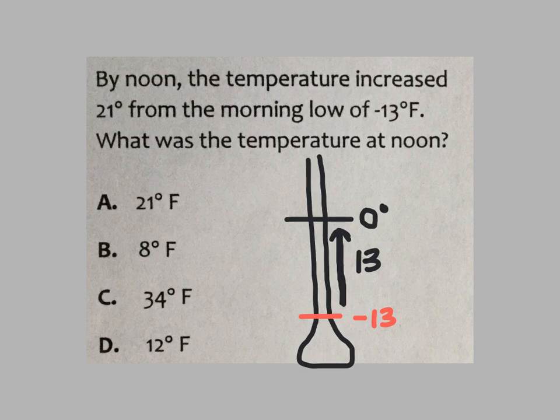So if it went up by 21, the first 13 take you to 0, and then 14, 15, 16, 17, 18, 19, 20, and 21 would mean 1, 2, 3, 4, 5, 6, 7, 8 degrees. 8 degrees is answer choice B. 8 degrees above 0 is 21 degrees higher than 13 degrees below.